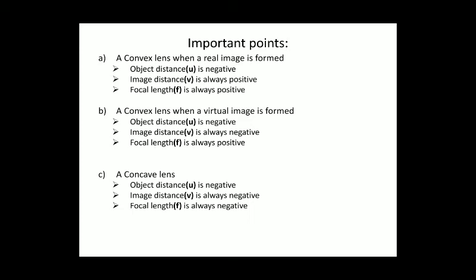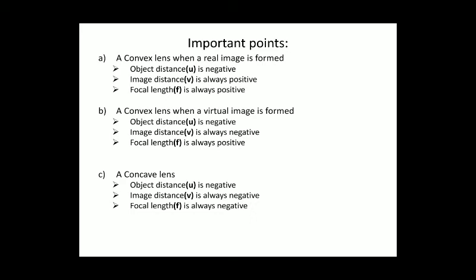In lenses, the focal length, whatever we are considering, is just because of the first curvature. If the first curvature is being taken into consideration, then the first curvature is toward the right. So where will its center of curvature and focus be? Toward the right. That's why it is positive. If a virtual image is formed, it is on the left-hand side.